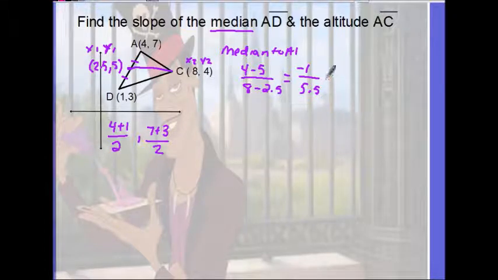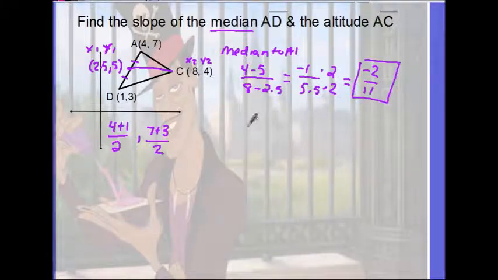The first option is to multiply the top and bottom by 10 and then reduce. Now, 0.5 is like saying a half, so instead a quicker way is to multiply both the top and bottom by 2, which would give us negative 2/11 for our slope for the median to AD.